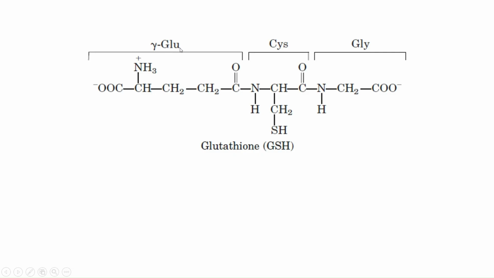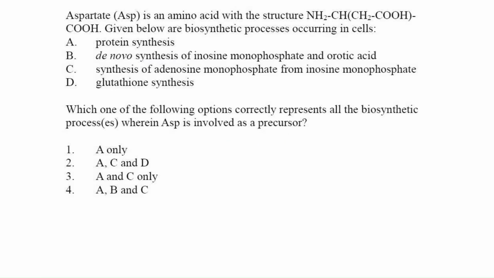Glutathione is made up of 3 amino acids: glutamate, cysteine, and glycine. So we can see here that there is no aspartate. Now again, looking at the question, we can see that obviously in protein synthesis aspartate is used. About option B, we can say that it is also used in the synthesis of inosine monophosphate and orotic acid.